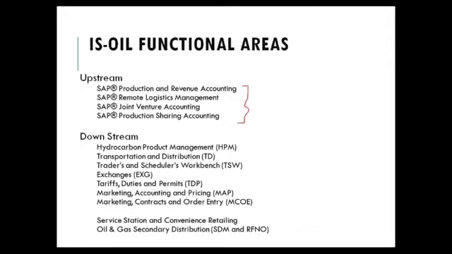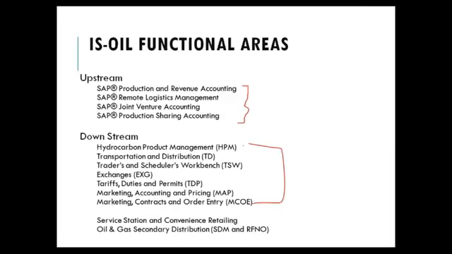So the downstream part. These are the different modules. The first is downstream hydrocarbon product management, because we need to convert, right? As we know, the volumes of oil and gas differ at different temperatures and pressures. For liquids, especially, they differ with temperature. For gases, they differ with temperature and pressure.